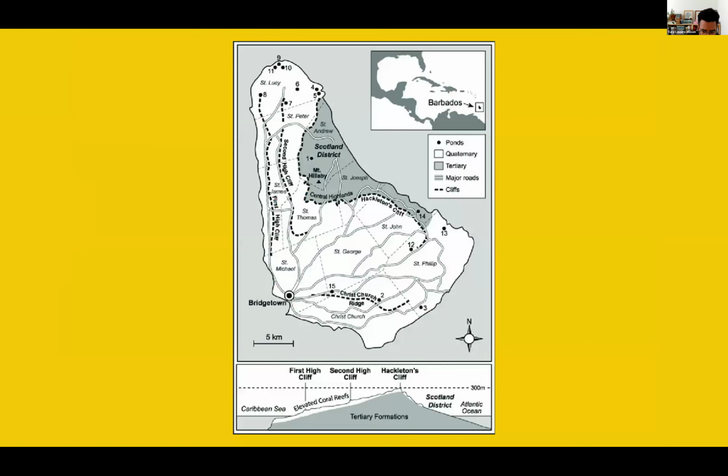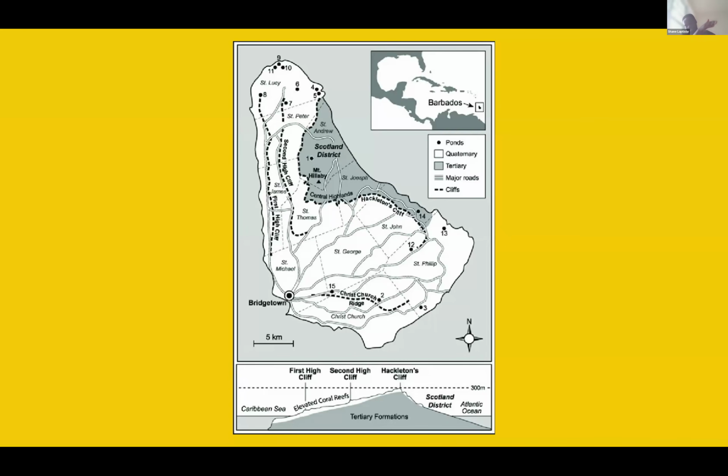Go ahead, Shane. So the focus of the studio is in the Scotland district of Barbados, which is around 20% of the island. Most of the country is a very slow, not very steep plain that rises from the sea in the west towards a ridge in the east of the country.